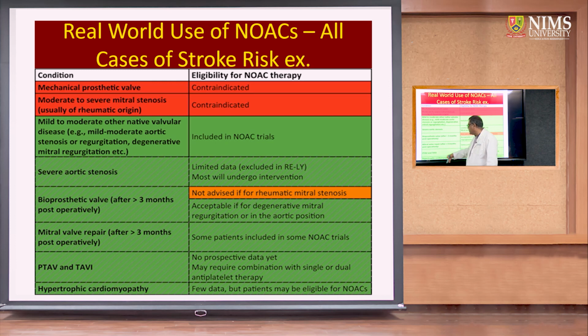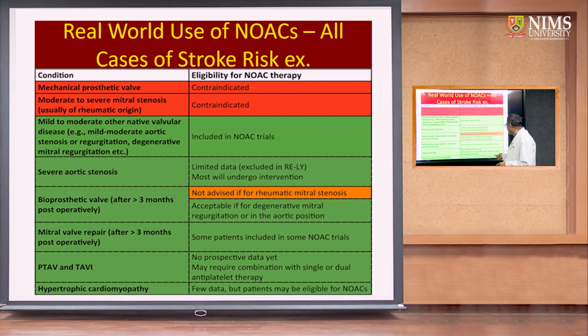Likewise, in percutaneous aortic valve replacement, there is not much data, but you would be using dual antiplatelet therapy like in angioplasty. So, whether you want to add a NOAC or not does not make much sense. Already you are using dual antiplatelet therapy.